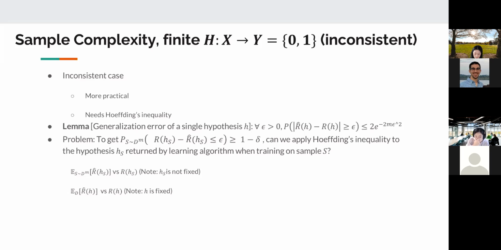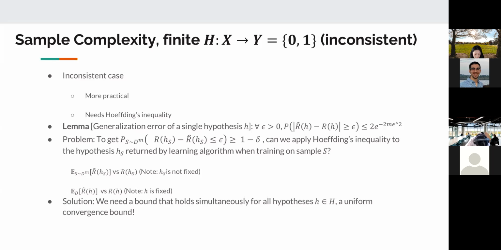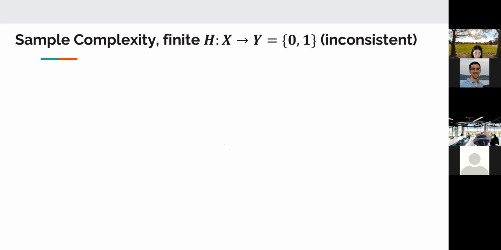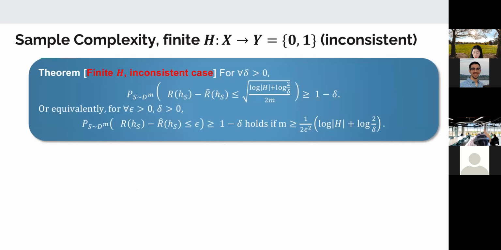Any questions or any confusions here? Okay, we'll explain this better in the next few slides. The solution is that we will need a bound that holds simultaneously for all hypotheses. Essentially, it's a uniform convergence bound. So this is the theorem, which is very much related to the theorem in the consistent case. This is the most important part.